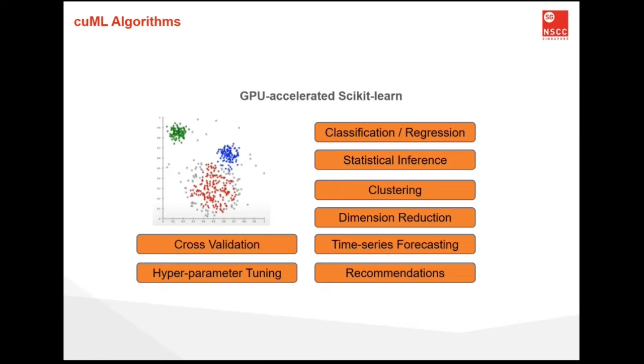And we are working on some of the Bayesian inference, such as hidden Markov models. Then we have clustering algorithms such as k-means clustering, DBSCAN, dimensionality reduction techniques using principal component analysis, singular value decomposition. We are also working on some time series forecasting models as well, such as ARIMA and Holt-Winters.